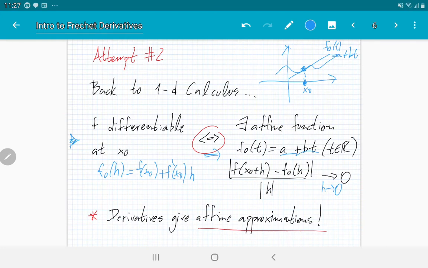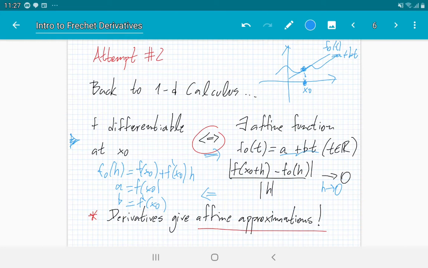Basically, what you show in the other direction is that if you have this, then it must be that a equals f of x0 and b equals f prime of x0. So if you like, we can say things in this fashion. We usually define derivatives in one dimension by limits in a specific sense. But we could also define derivatives in terms of these affine approximations.